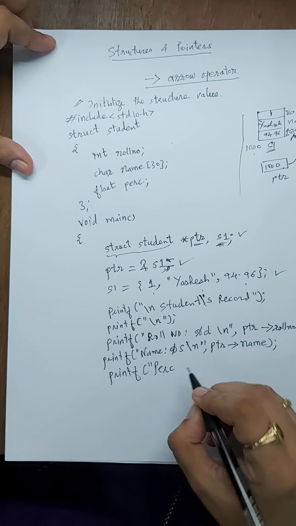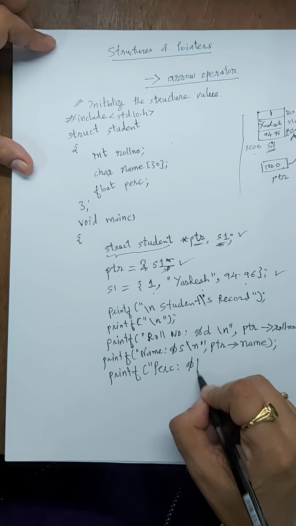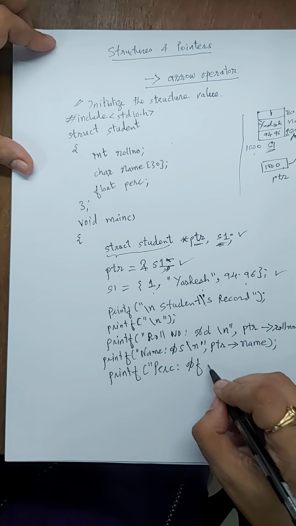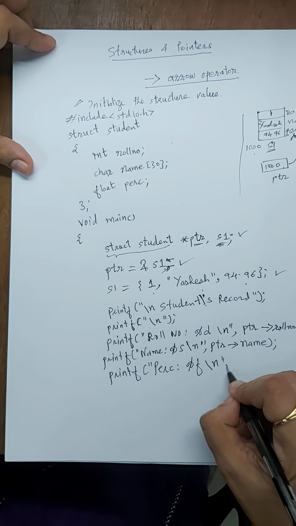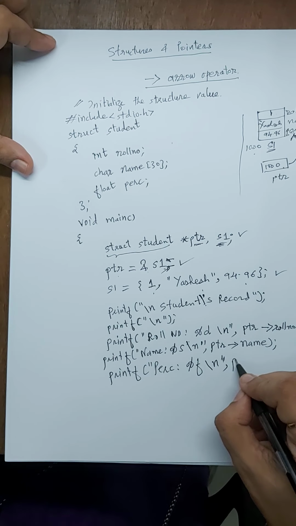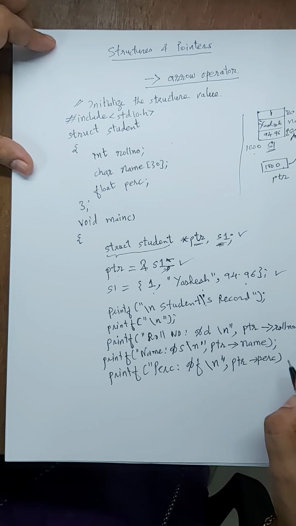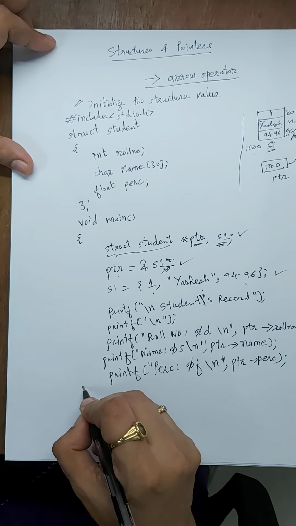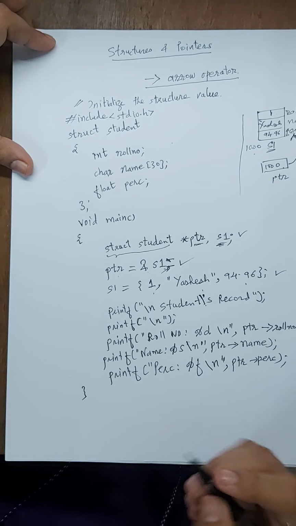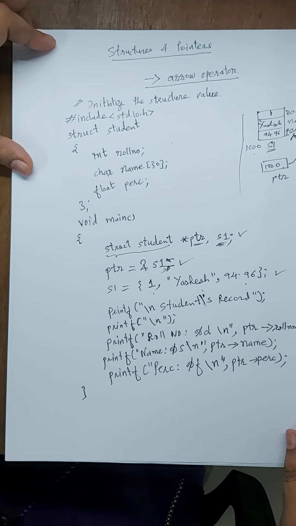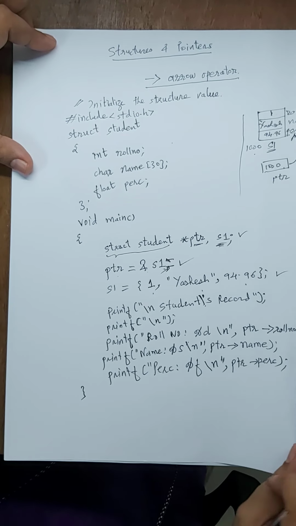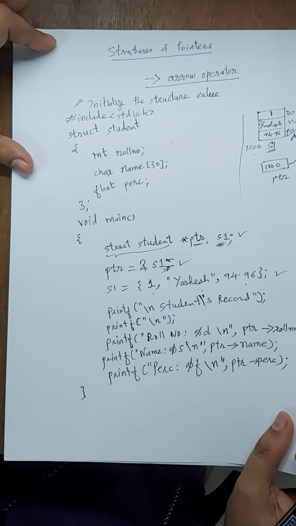So percentage %f, because it is a float value, new line, and then ptr percentage. Okay, so display is done, and close this main. So this way we can write the structure with the pointer, and we can access the values.